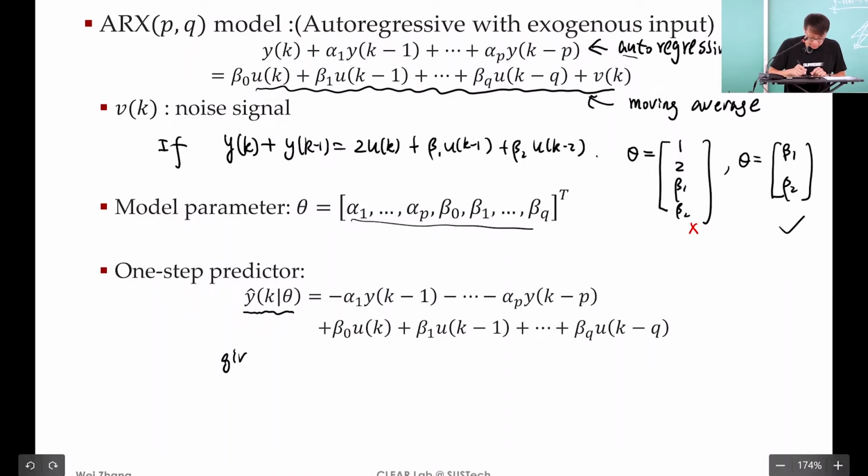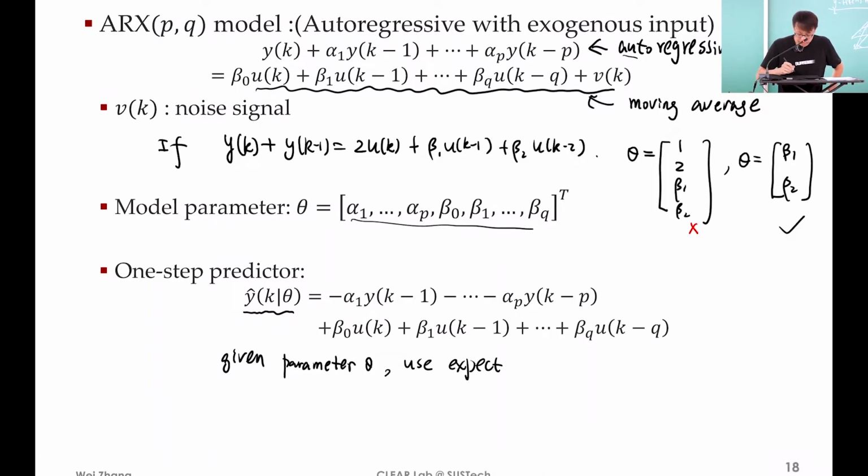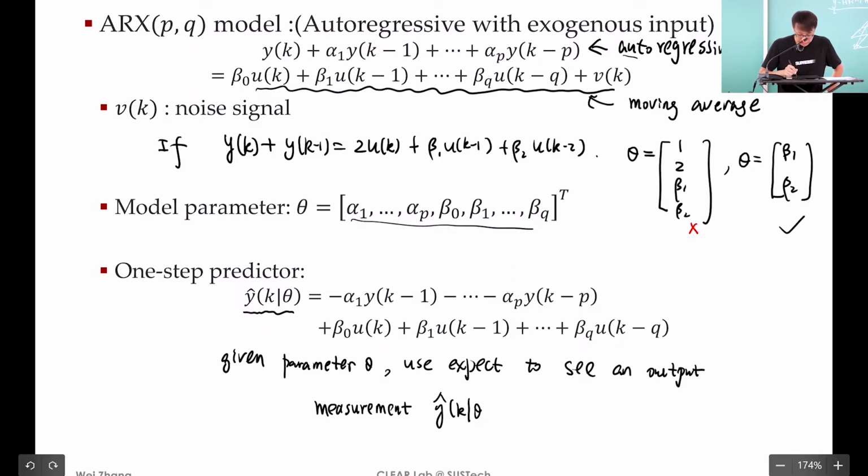Given the parameter theta, the model expects to see an output measurement y given theta.